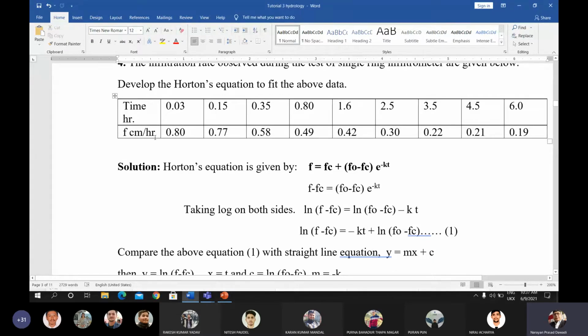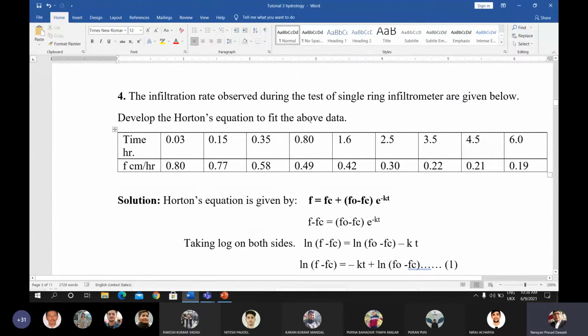The rate of infiltration is reducing from 0.80 to 0.19. The infiltration is decreasing exponentially from 0.80 to 0.19, and this data is taken from the experimental data of the single ring or double ring infiltrometer that can be done in the field.